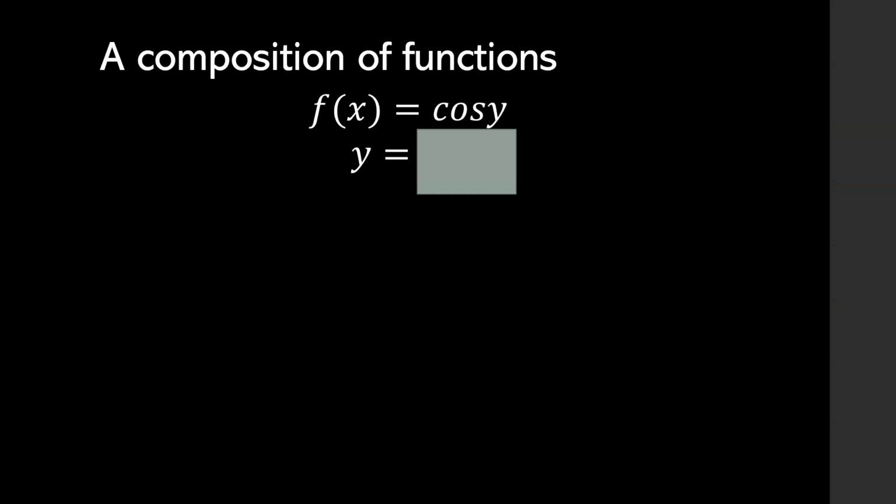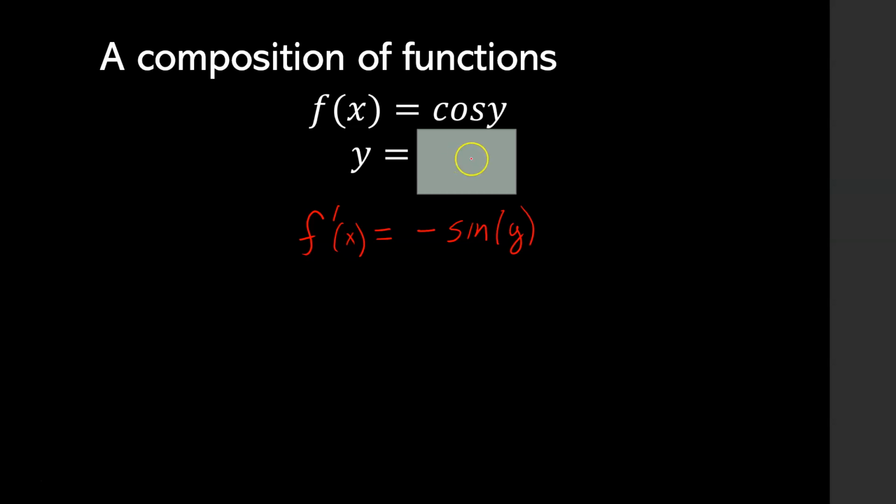This is basically the same problem, but I've hidden the function we're going to put inside of cosine. So using implicit differentiation is like, well, y is some other function. It doesn't matter what that function is, so we just pretend like we know what it is. And what's the derivative of cosine of something? It's negative sine, in this case, of y. But notice, we wrote f prime of x, which means the input variable to cosine is eventually x.